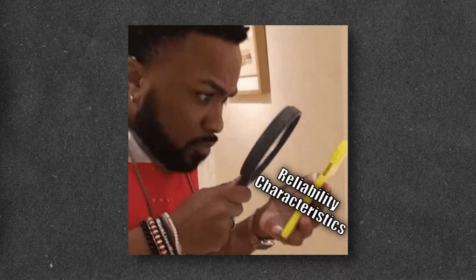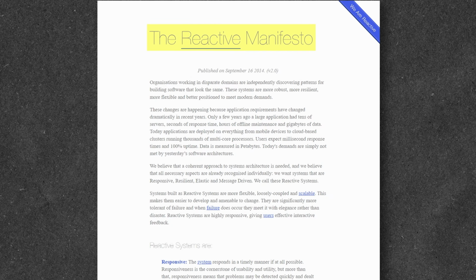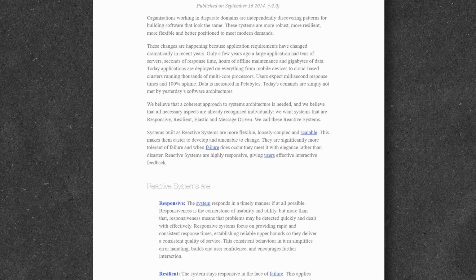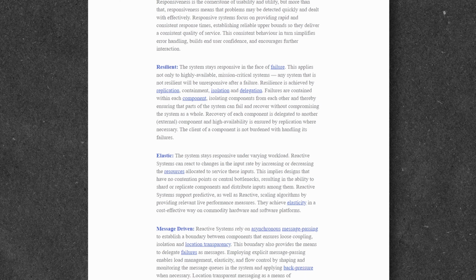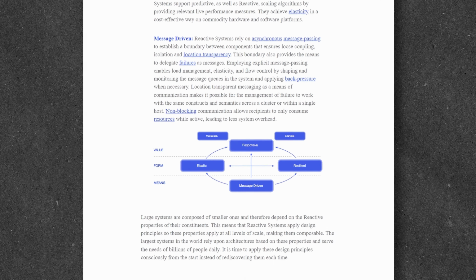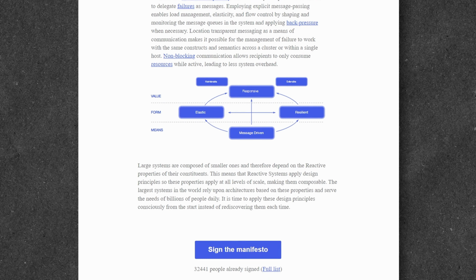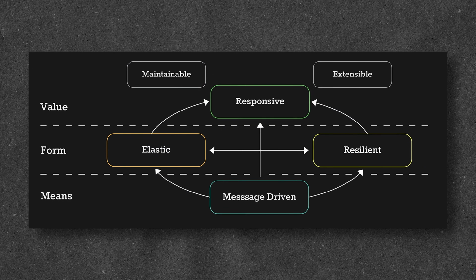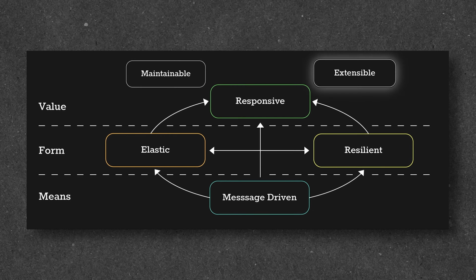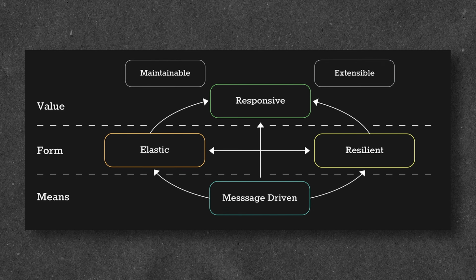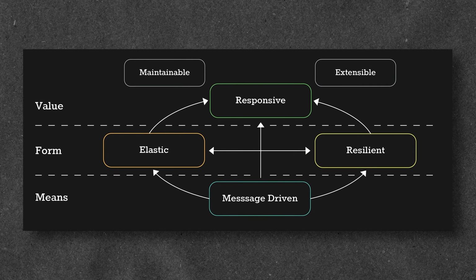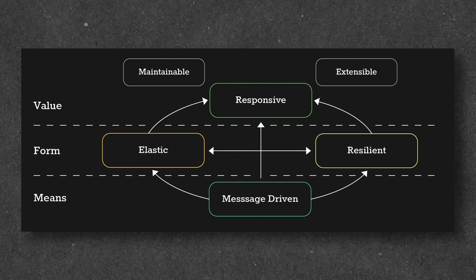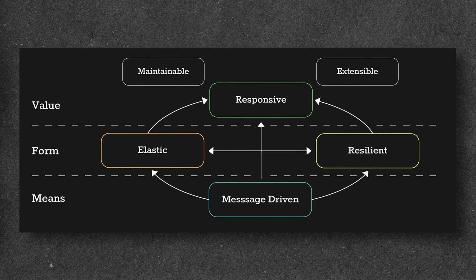Another way to look at reliability characteristics is through the lens of the Reactive Manifesto, a high-level set of principles that frames software design by focusing on the outcome we wish to achieve, producing responsive products and systems. A responsive product is both maintainable and extensible.